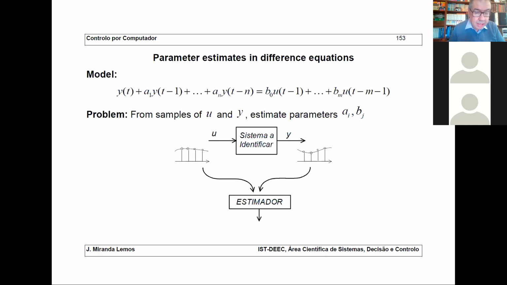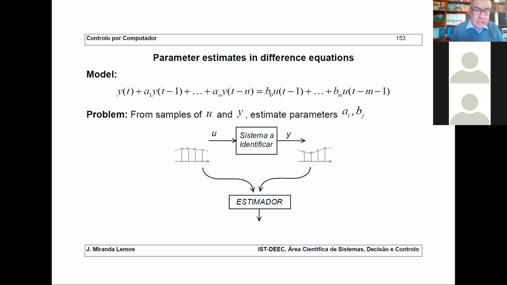So that's the sampling instance. And I also observed Y at the same instance. And I want to estimate the parameters A1, A2, AN, B0, B1, B2, Bn. And this is an estimator. So it's a kind of inverse problem.